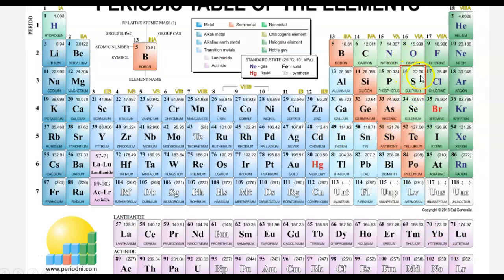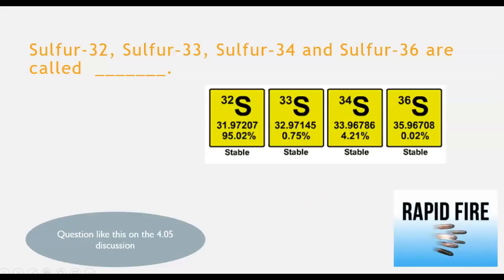And that number matches 32.06, and it says 16 is the number. If I ever forget, most tables have a key. So I see the atomic number, the element name, the symbol, and then these other things we'll learn more about, but it will talk about the relative atomic mass, which is the average of everything. So when I come back here, I know that sulfur has 16 protons.